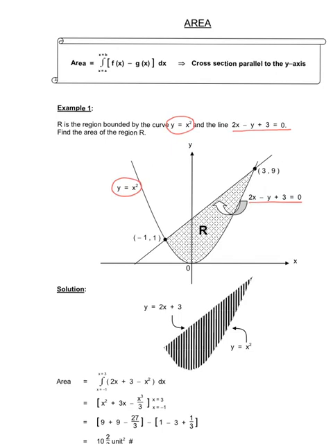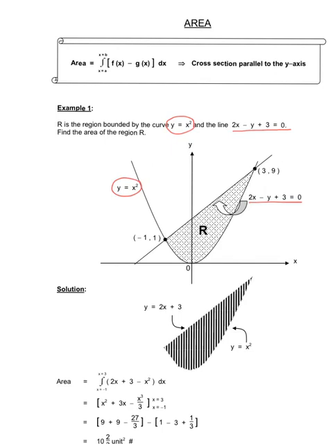Now look at this region. Consider this is your straight line involved, and this is the curve involved in the figure. Finding the area focuses on the area under the curve. Let's say we consider this straight line to be our f(x), and this curve be our g(x).